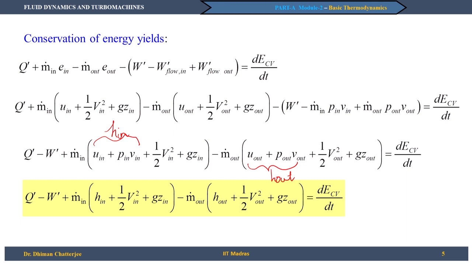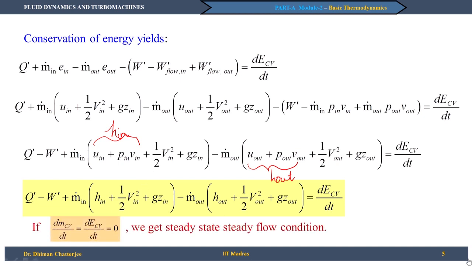But I have already told you that in turbo machines we talk about steady state steady flow, which means there is no accumulation of mass, there is no accumulation of energy, and hence we can say that dmCV dt is equal to dECV dt is equal to 0, and we get the steady state steady flow condition, which means we can simplify the expressions that we have got.